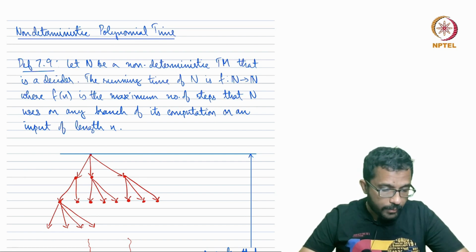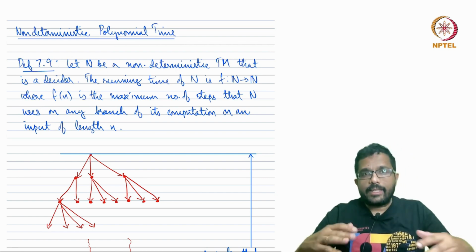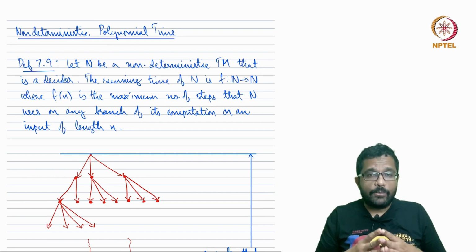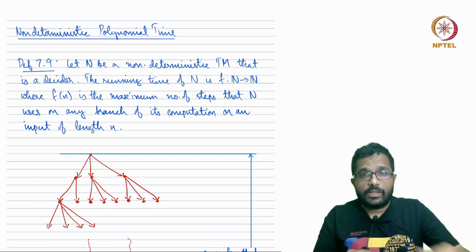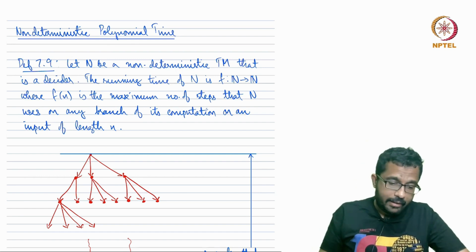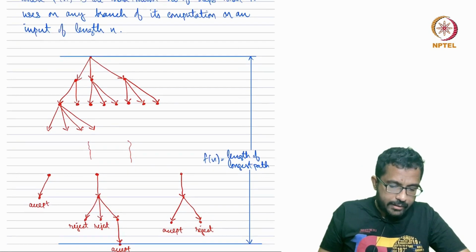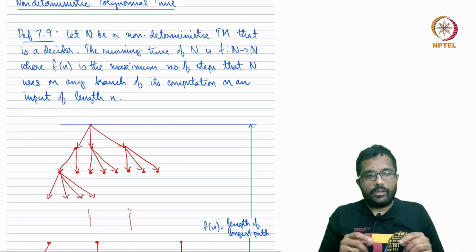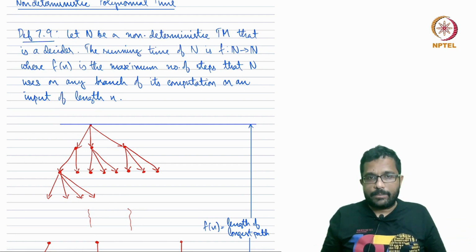Before getting into non-deterministic polynomial time, we first have to understand what is the time complexity or running time of a non-deterministic Turing machine. In the case of a deterministic Turing machine, the time is fairly clear because on a specific input, it takes a specific number of steps.